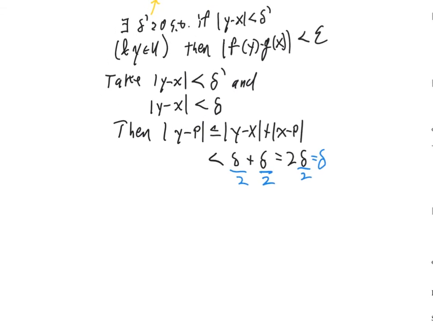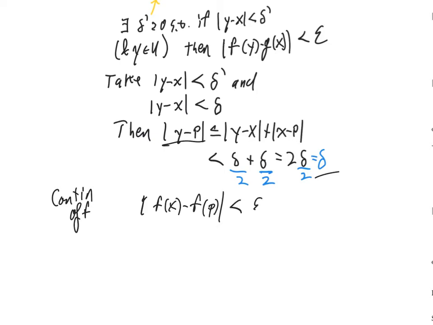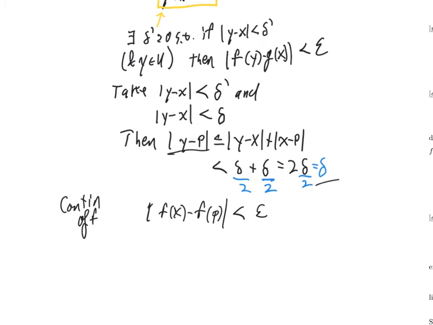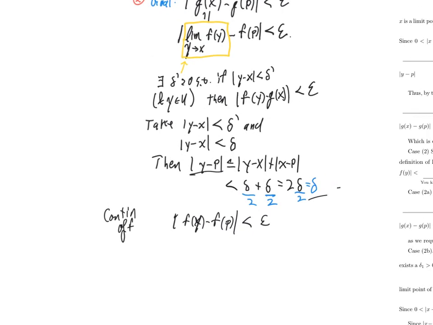Once I have absolute value y minus p less than delta, I will be able to use continuity of f to get f of y minus f of p less than epsilon. Well, once I get that, what will I be able to do? Well, I'll be able to use this, right?